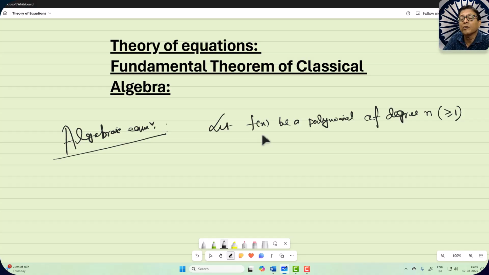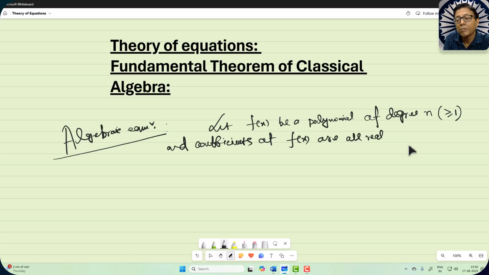Let f(x) be a polynomial of degree n, which is greater than or equal to 1, and coefficients of f(x) are all real or complex. When we state that it is polynomial f(x), obviously we are considering a polynomial of one variable only.